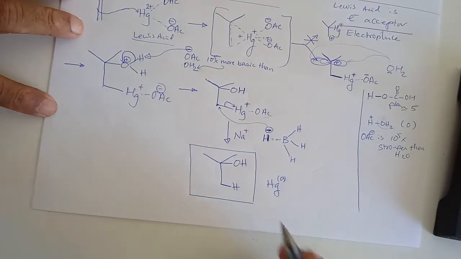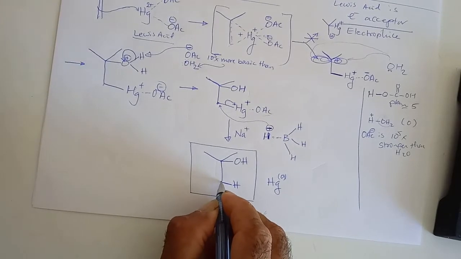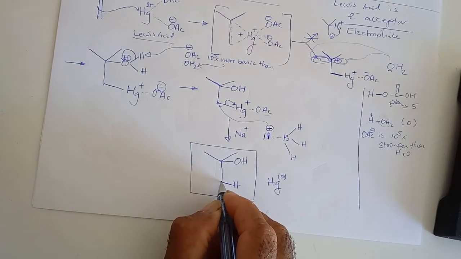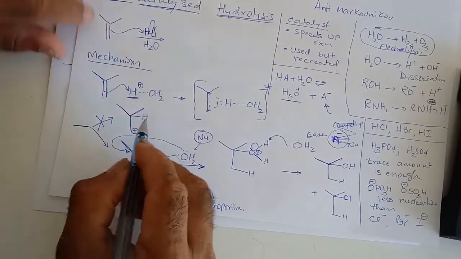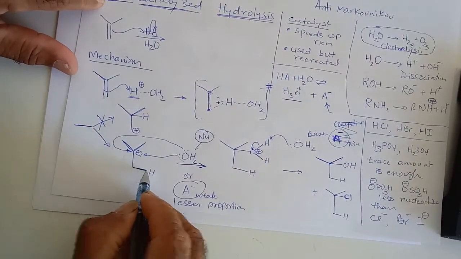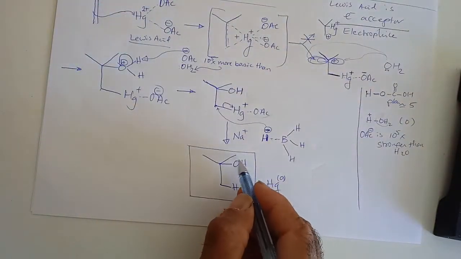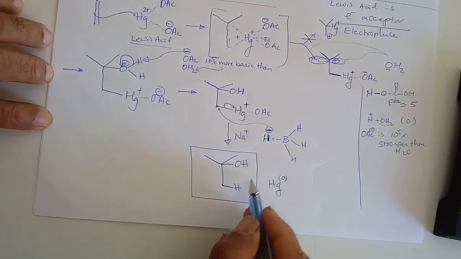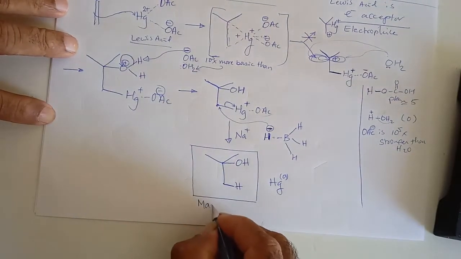That's all that we worry about. And again, in this case, H did not add in step number 1. In our previous example, H did add as the first thing. H added first, then OH was added. In this case, OH was added first, then H was added. Even in this case, we got a Markovnikov product.